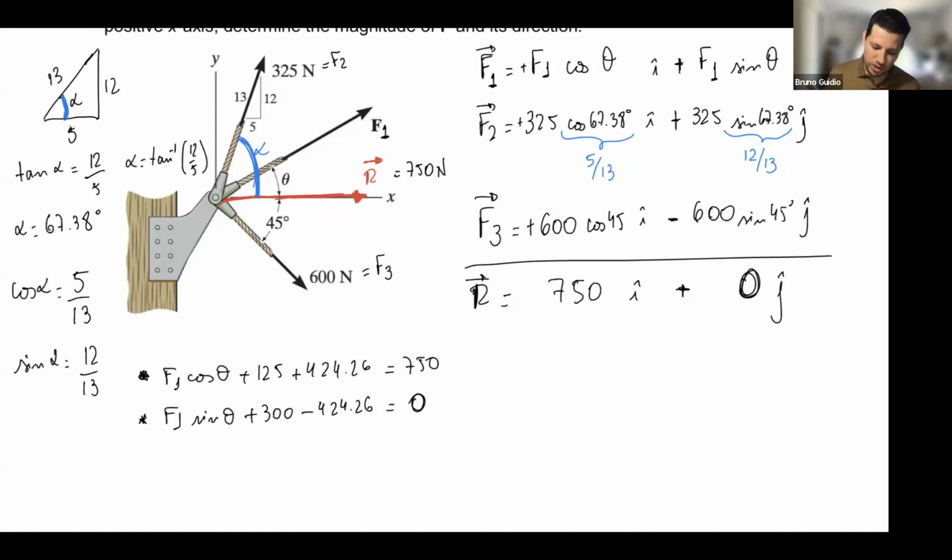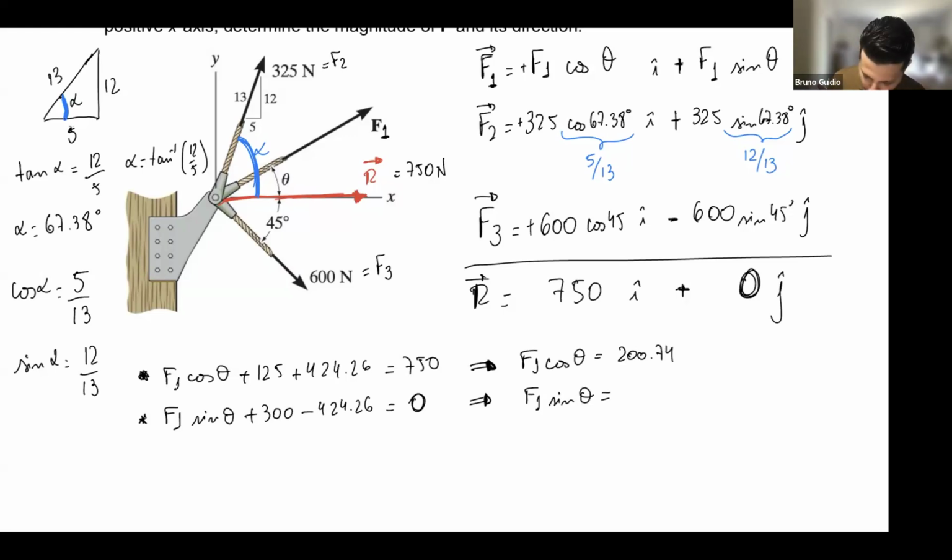Okay? Once we do that, we're going to have the following. So again, just saving really quickly here for all of us. F1 cosine 274, F1 sine 124.26.